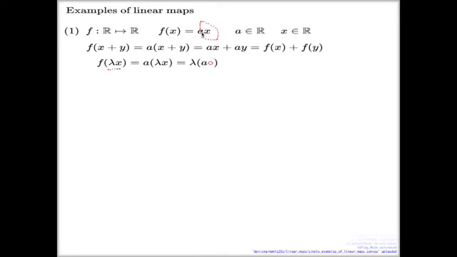Now I can rearrange the bracket positions. That's something I can do with numerical multiplications. Everything here is just a product of numbers. I rearrange, and then I treat this A x as my f of x. So the second property is verified. It's the simplest possible linear map ever. Just a numerical multiplication by a fixed constant A.